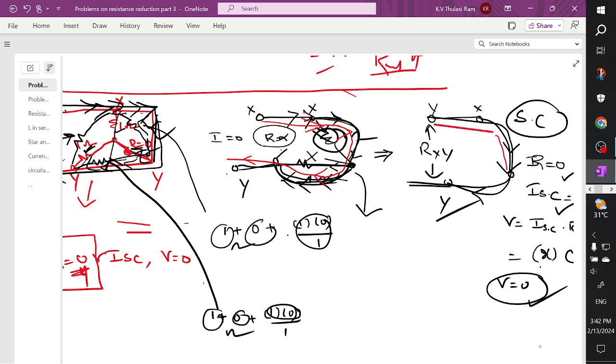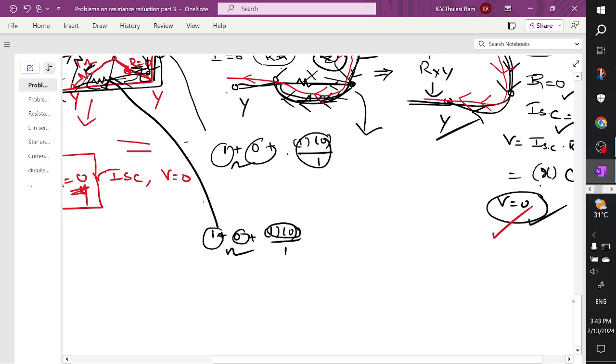It reaches this point and it travels like this. Therefore, these are all the problems we solve under resistance reduction. So if you solve all these models, you can have good confidence in solving all the problems, and you can have good knowledge to attempt the GATE problems and the competitive exam problems.